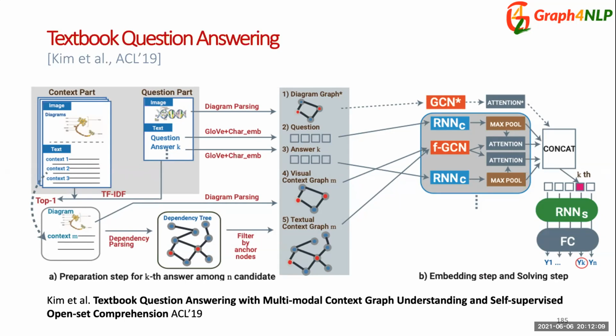The embedding step uses a recurrent neural network as a sequence embedding module and the GCN as a graph embedding module. With an attention method, we can get a combined feature. After concatenation, an RNN and a fully connected module can predict the final distribution in the solving step.